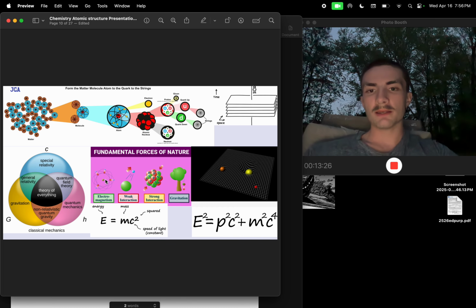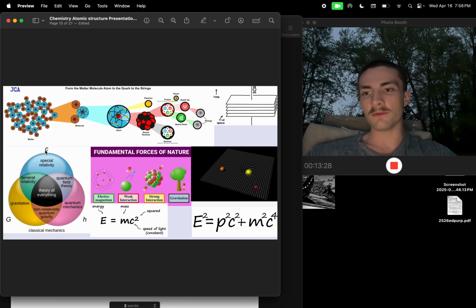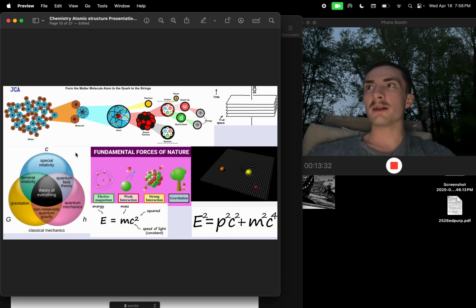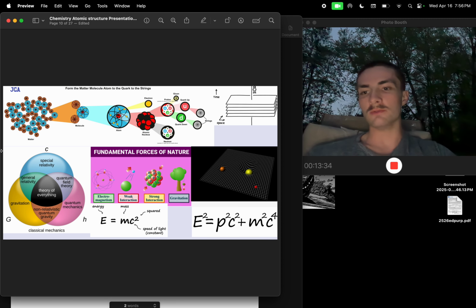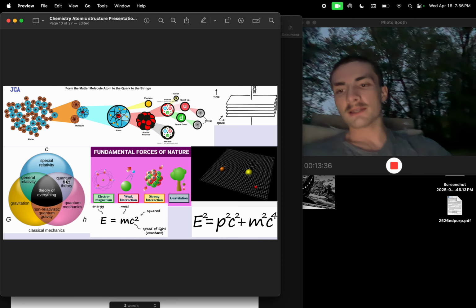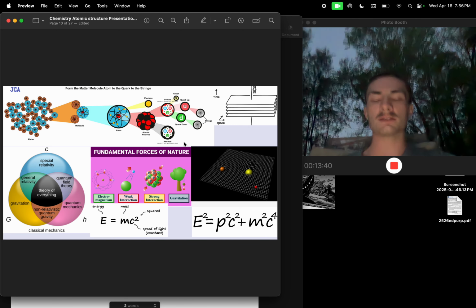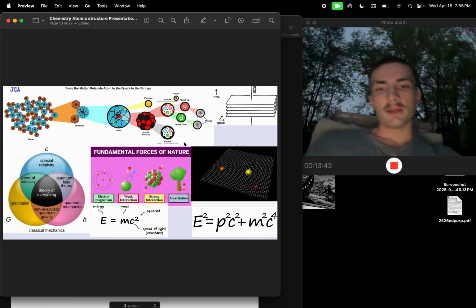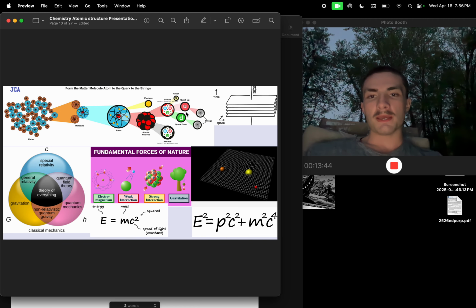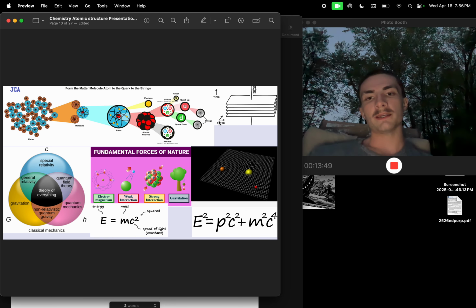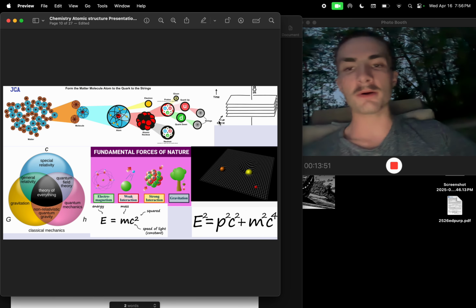String theory is a possible candidate for unifying all these three things together by providing more information to fill the gaps, to say this is wrong here and this is the new part that we're going to add. What string theory is specifically is the idea that everything is made of strings if you go down far enough, and strings aren't made of anything else. If you look at an electron, it seems to be a point particle for the most part.